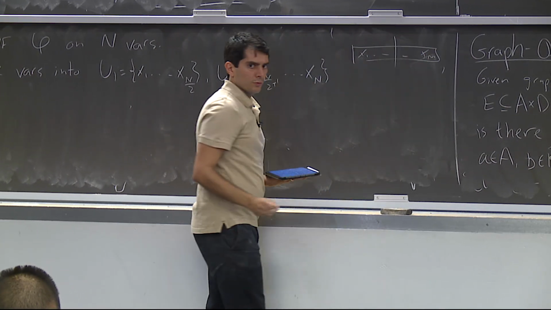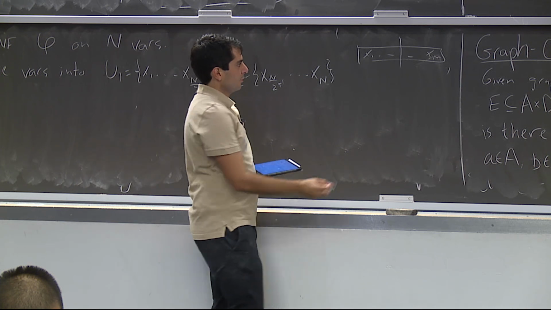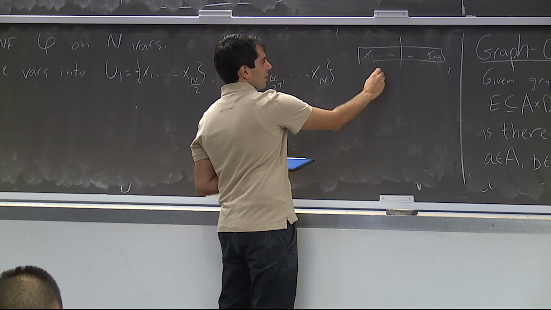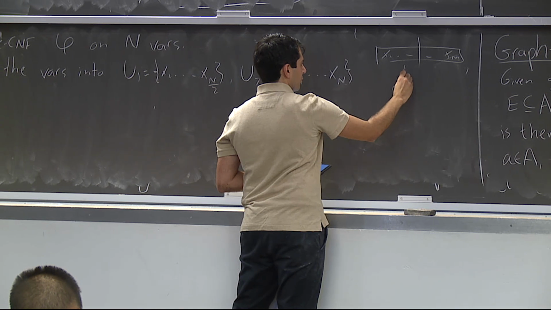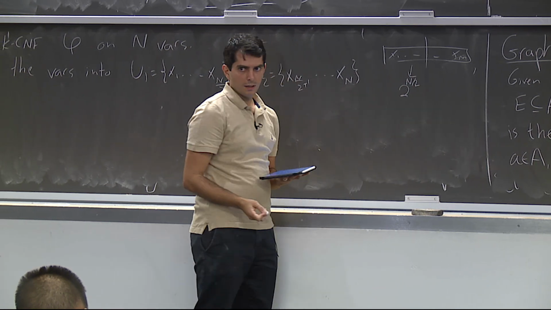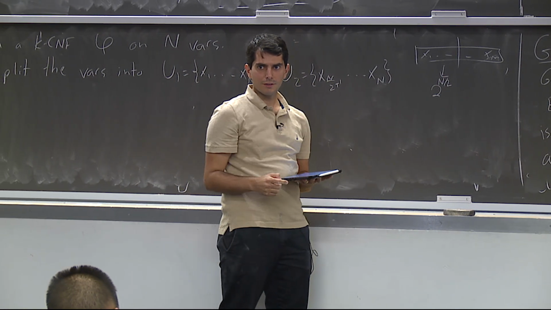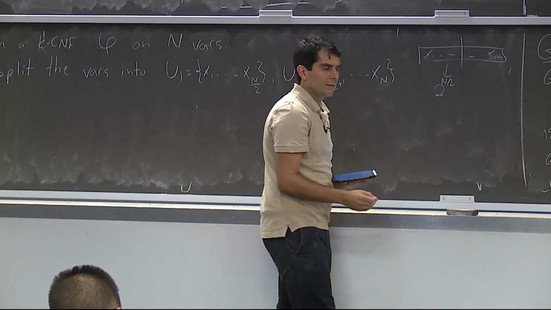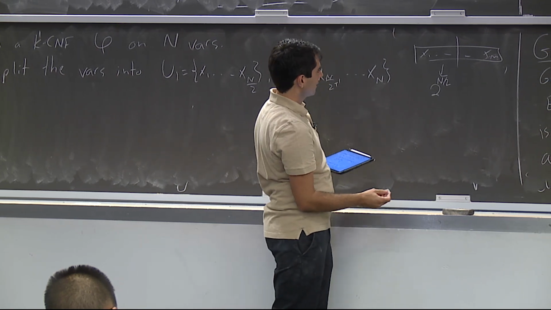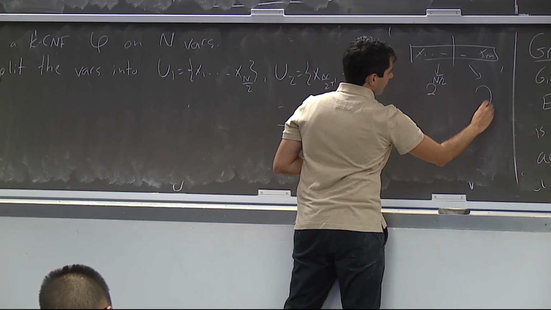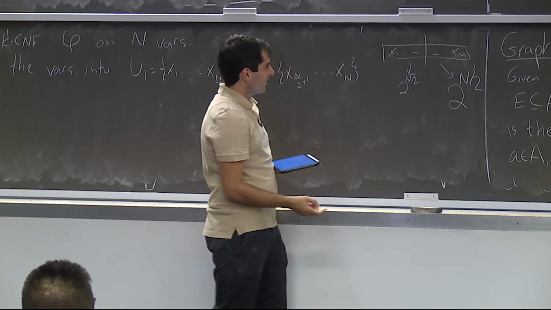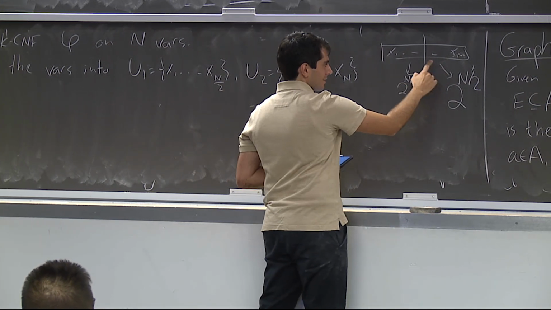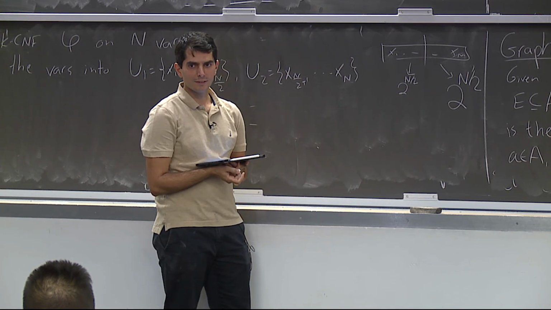You break them into 2. And now you try all assignments to each half. So each half has n over 2 variables. So there's only 2 to the n over 2 possible assignments to that part. So for each half, there's 2 to the n over 2 assignments.